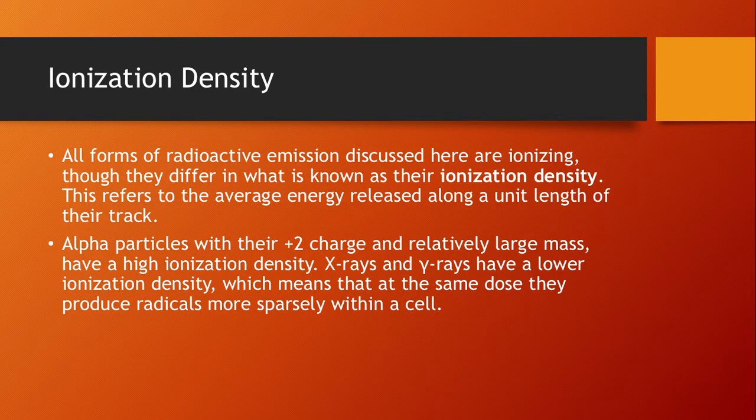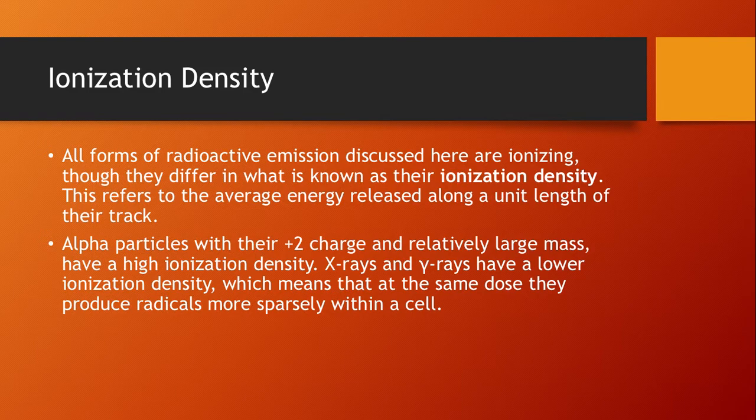All forms of radioactive emission discussed here are ionizing, though they differ in what is known as their ionization density. This refers to the average energy released along a unit length of their track. So all radiation is ionizing, but some is more dangerous than others.